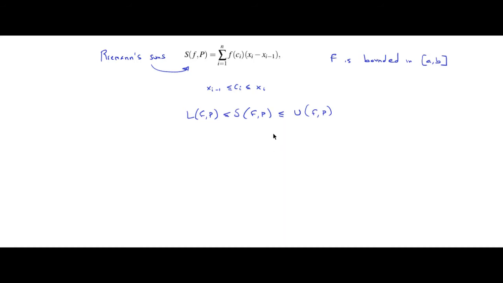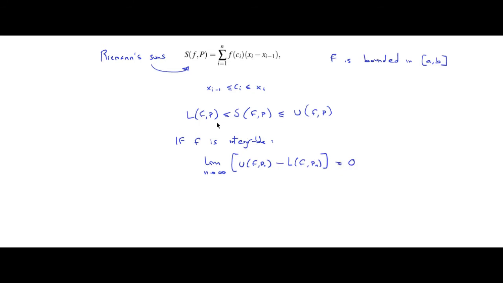If f is integrable, then we have seen that the limit as n goes to infinity of the difference U(f,P_n) minus L(f,P_n), with a sequence of partitions that get finer and finer, is going to be 0.